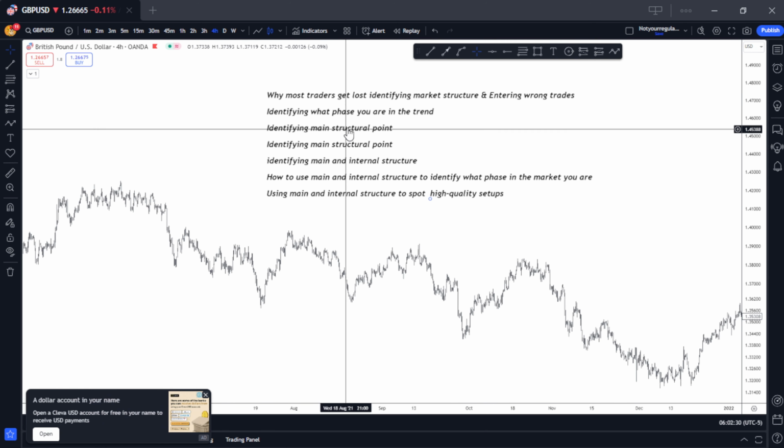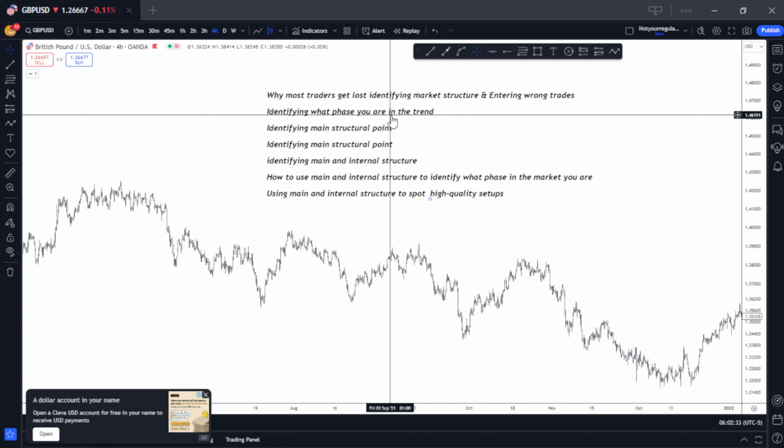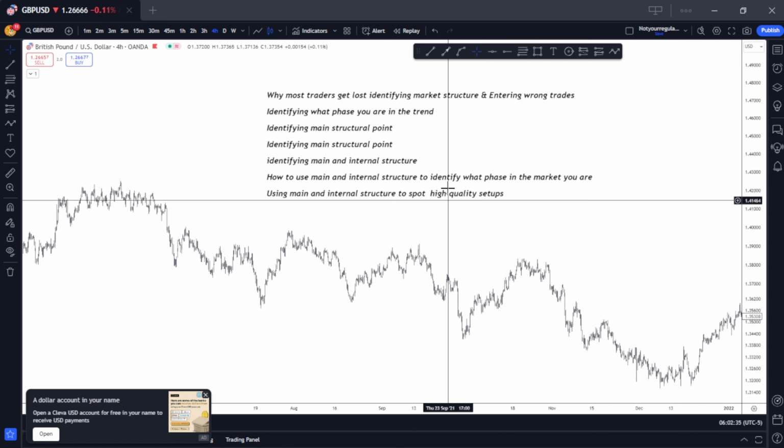So we need to know that there are two phases in a trend.